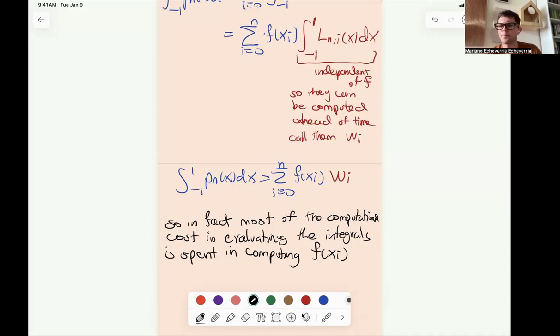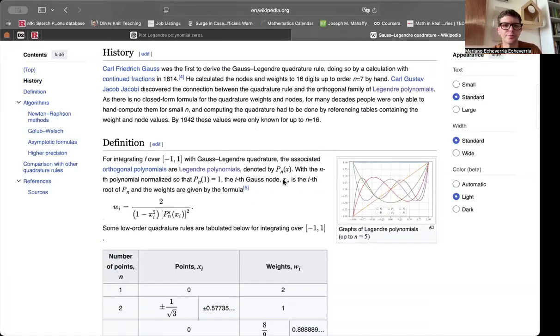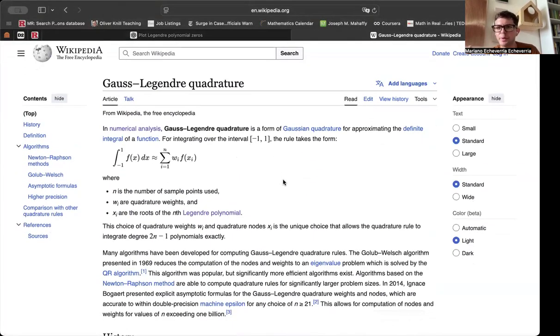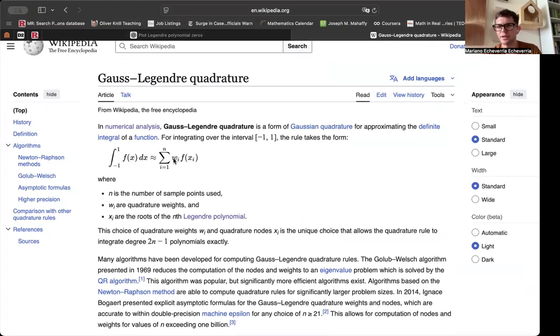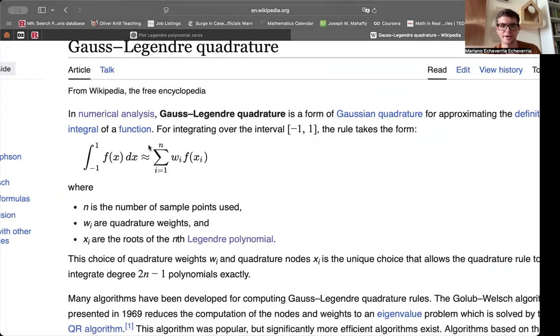Okay, so maybe before I do the example, let me show you what I mean by the weights. It's in the book also, but if you just go to Wikipedia and enter Gauss Legendre quadratures, it gives you basically this formula that I was just writing 2 seconds ago.